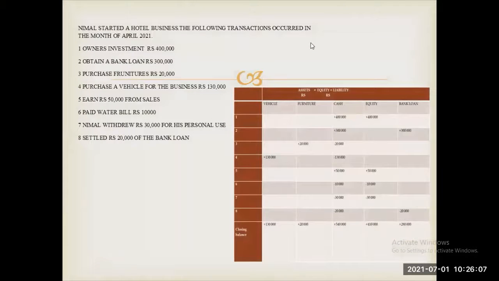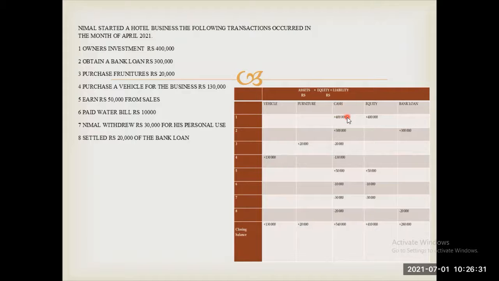Here, there's an example of some of the transactions that happen in Nimal's business during the month of April. We will see how we are going to record all these transactions. The first one, the owner invested rupees 400,000.